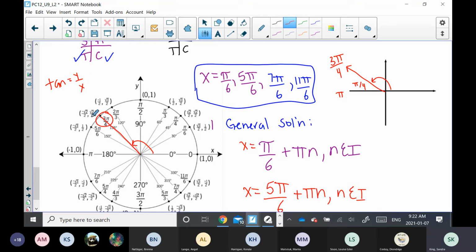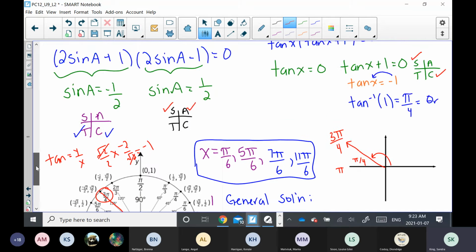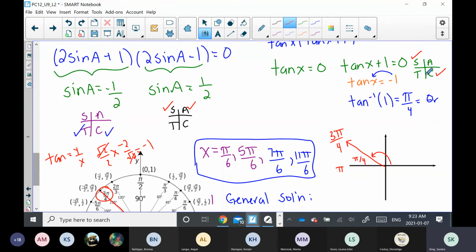So if you took this number, the y, root 2 over 2, and you times it, because we're not going to divide by a fraction, we're going to times it by the reciprocal of this. The reciprocal of this would be negative 2 over root 2. That's where you get that negative 1. Root 2 over root 2 cancel. Negative 2 divided by 2 is equal to negative 1. So one of my answers is going to be 3 pi over 4. The other answer, what did I say it would be in quadrant 4?